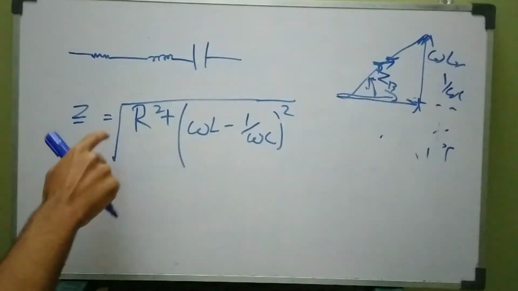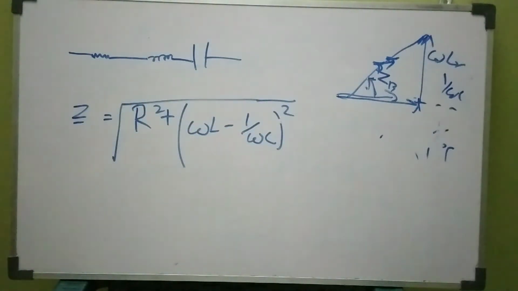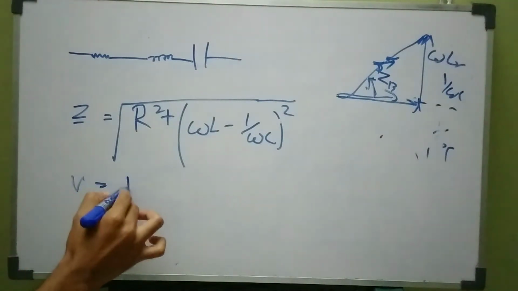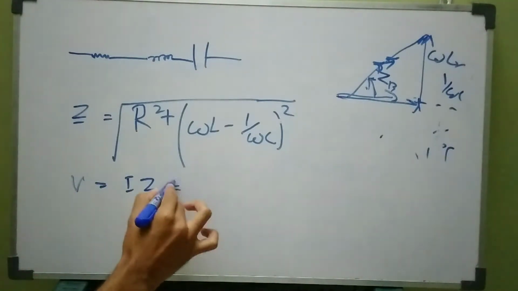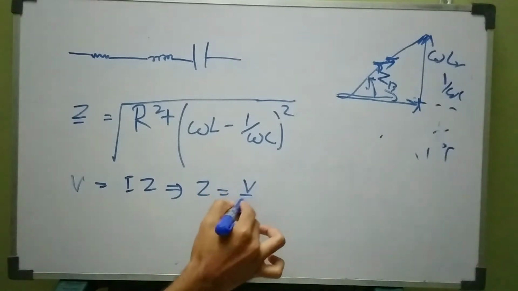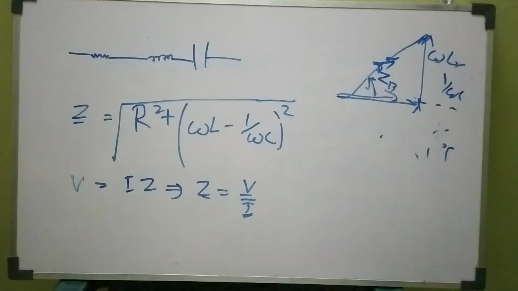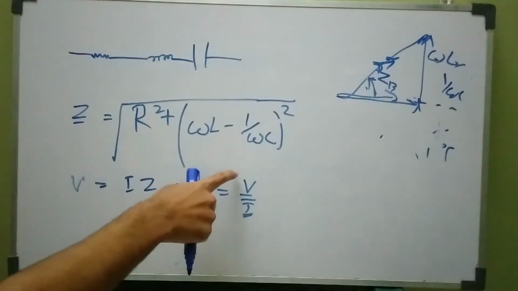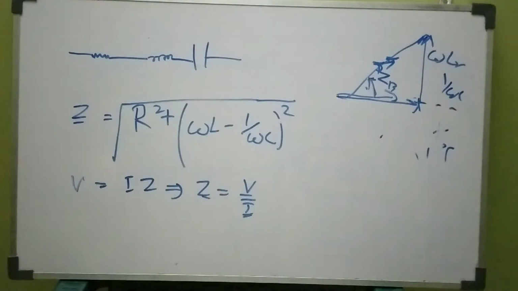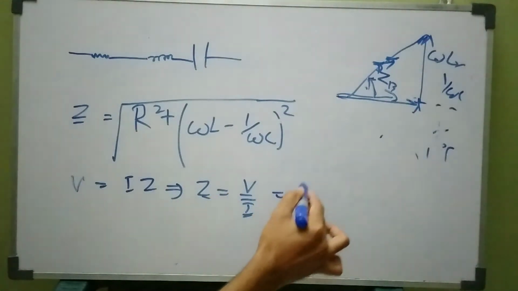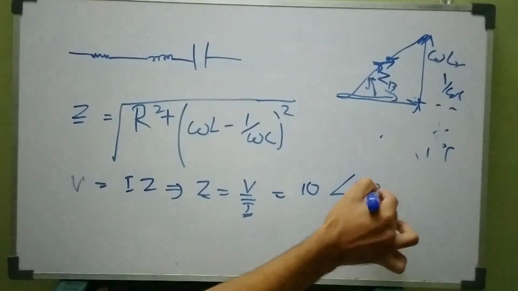If we equate this one, we will have only one equation. So we can directly write V equals IZ, and from that we can write Z equals V over I. The voltage is 10 at a 20 degree phase angle.